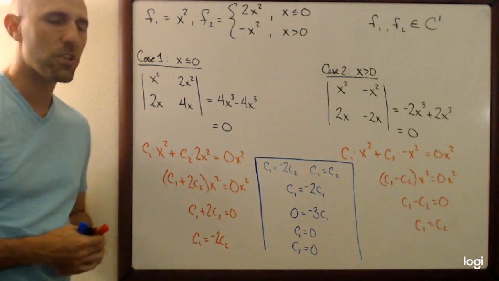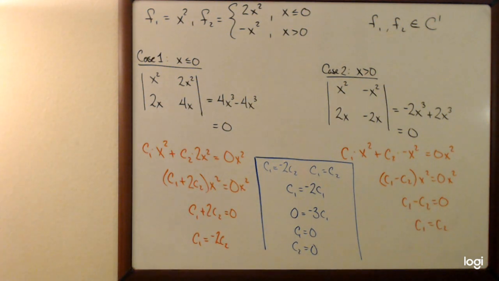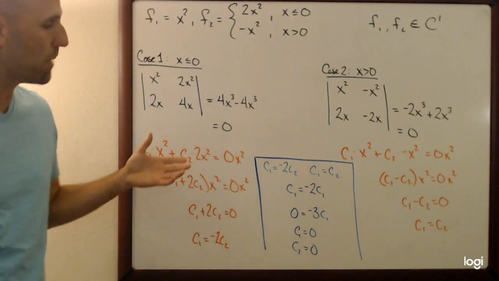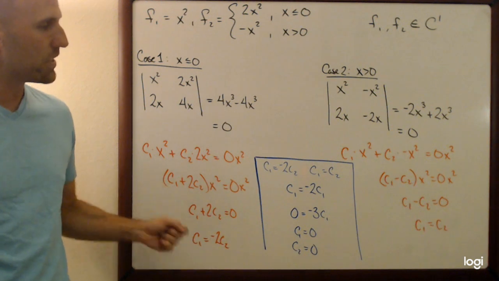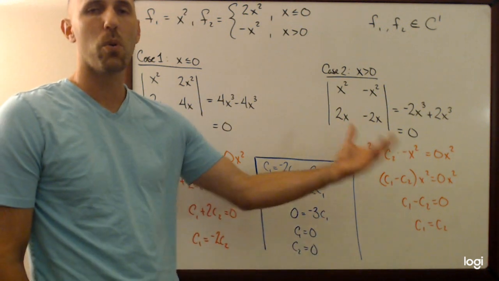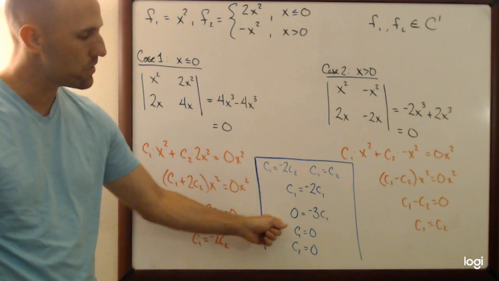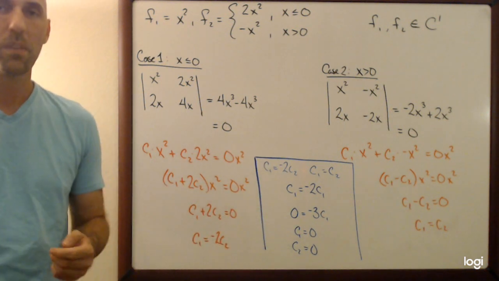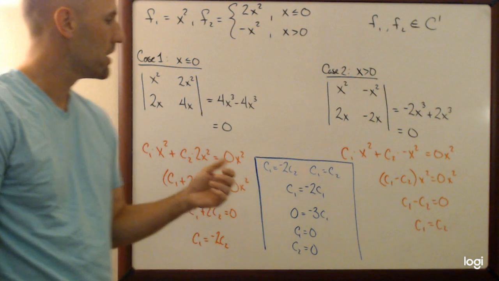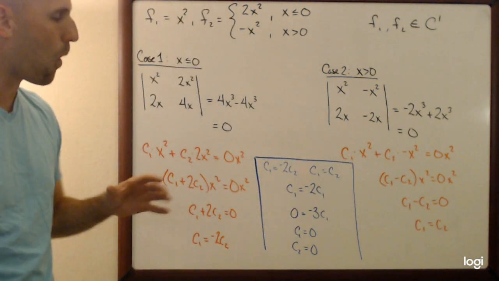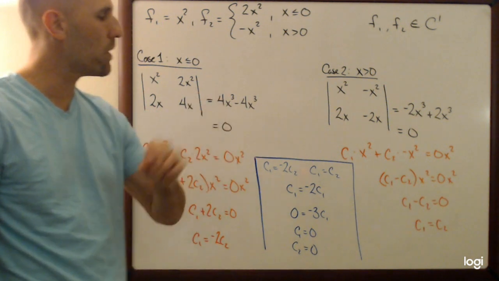So what our work has shown us is that in this particular case, despite the fact that our Wronskian has come out to be identically 0 for every possible domain value here, we get a set of conditions for the coefficients of the linear combination which force the coefficients to all be 0, right? This definition for your linear combination for the 0 vector only works if every single one of your coefficients is 0.